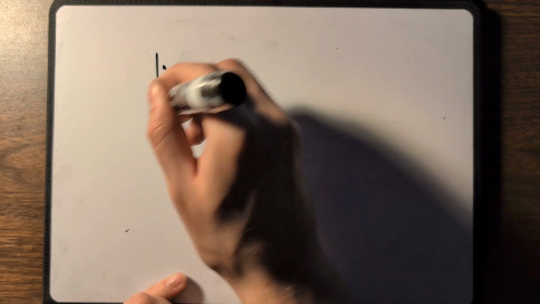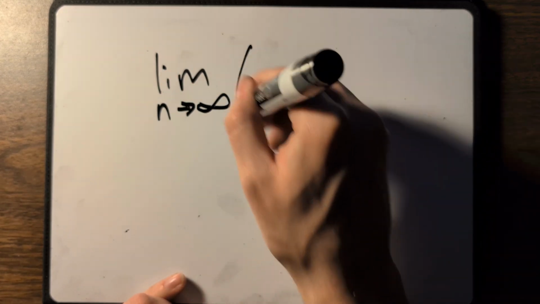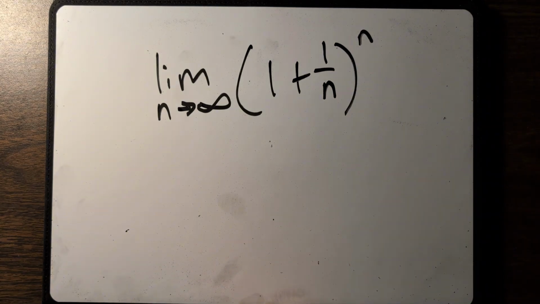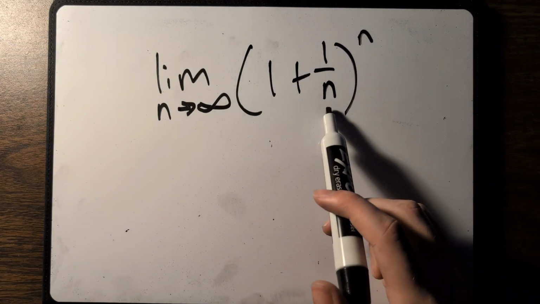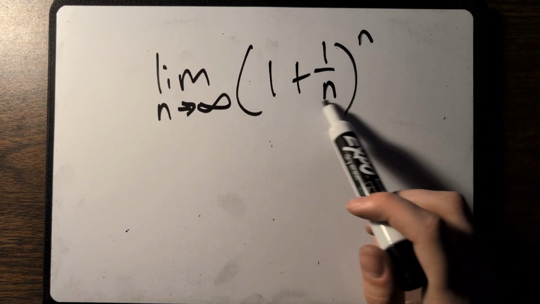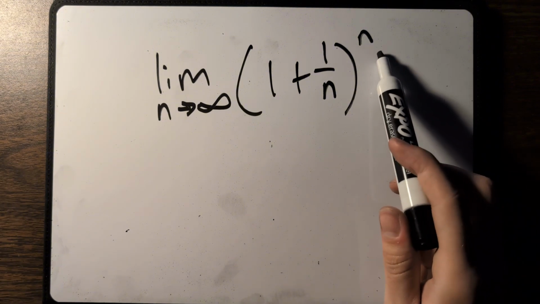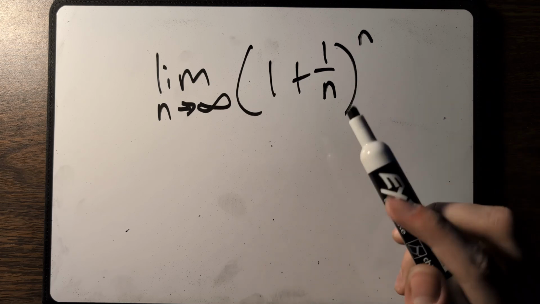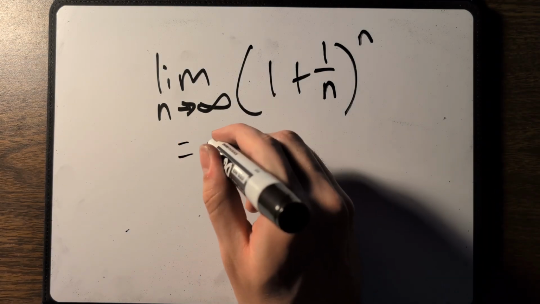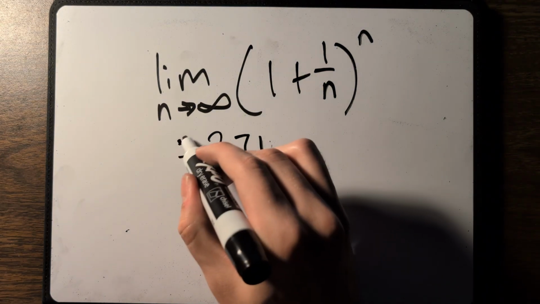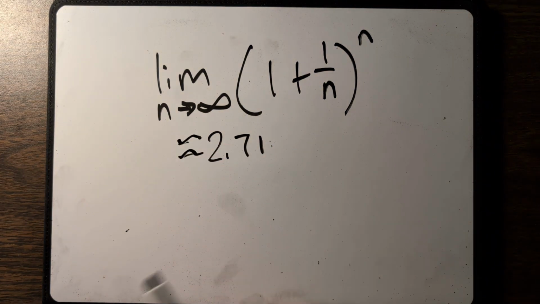And that's where our limit notation comes from. The limit as n approaches infinity of (1 + 1/n)^n. As these two numbers approach infinity, even though this is technically going to 0, we're still having a very large exponent here, which is what yields our number of about 2.71. I'll say this is an estimate.